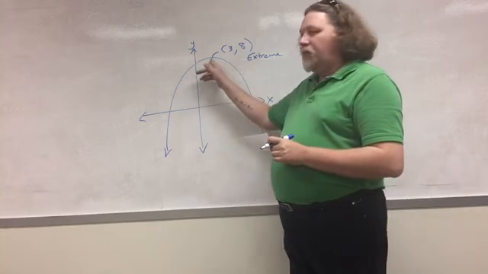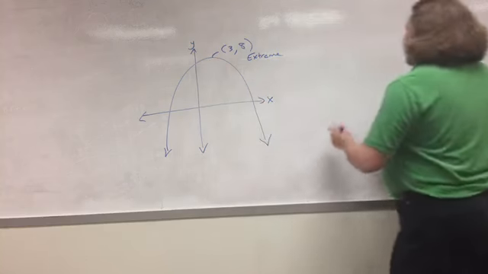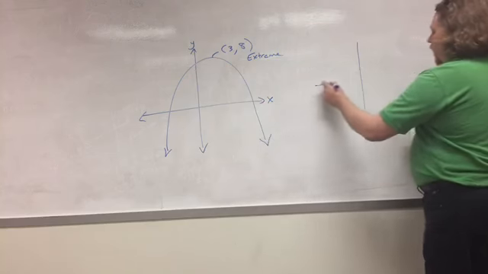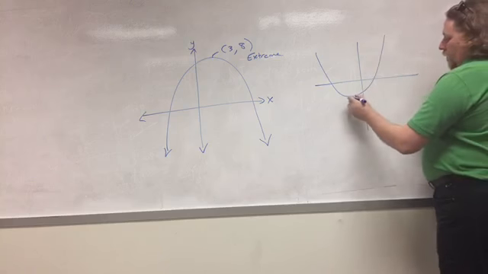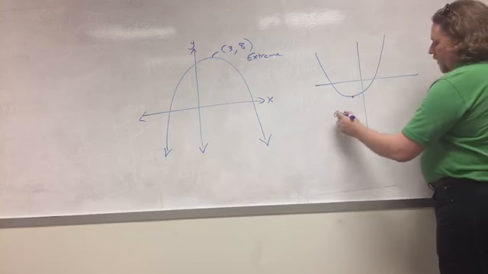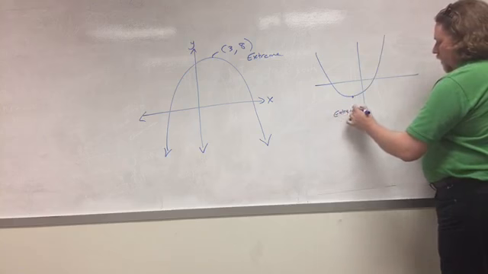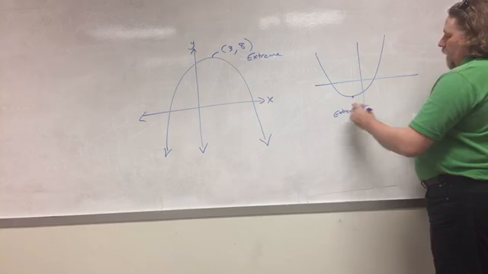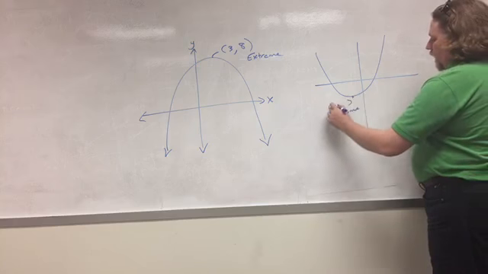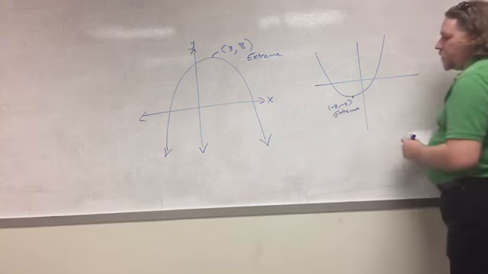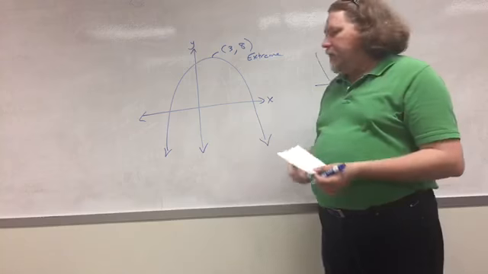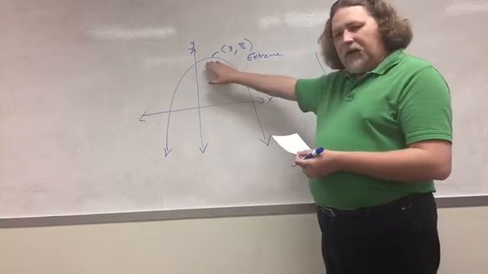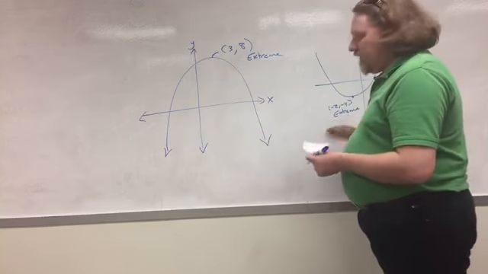There are extremes like this that are the peak of a hill. There are also extremes like this, which are the bottom of a valley. And let's suppose this one is located at -2, -4. These are two kinds of extrema, the extremes. Peak of a hill, bottom of a valley.